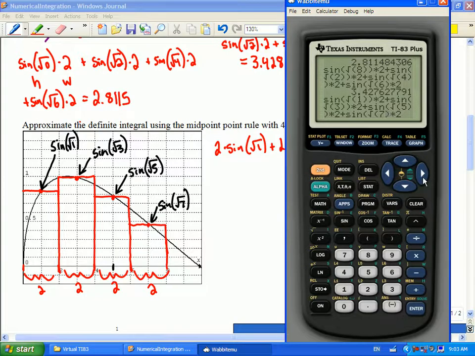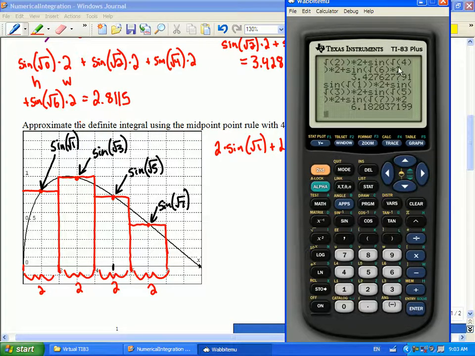Oop, looks like I'm missing a bracket there. That's not good. Let me just see here. Sine of 1 times 2, sine of 3, sine of 5, sine of 7.